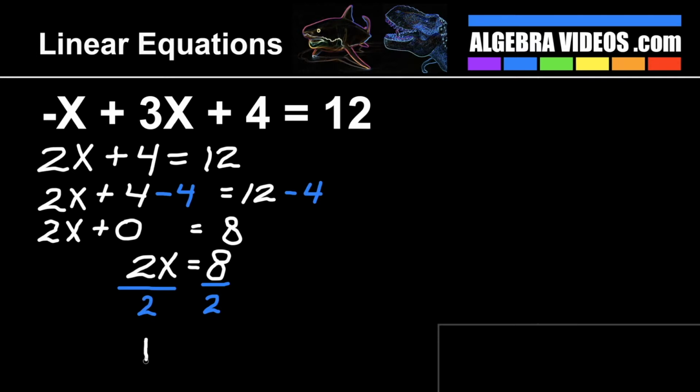So I knew that 2 divided by 2 would yield just the number 1. And then x stays the same, 1x equals, and on the right side, 8 divided by 2 is 4. So what's another way to say 1x? It's simply x, right? So x equals 4.